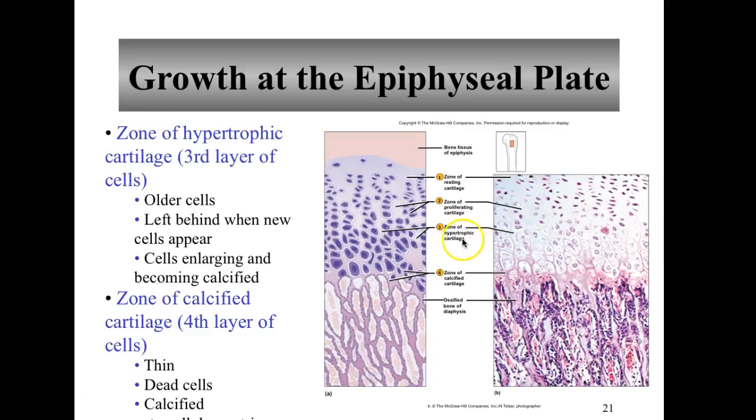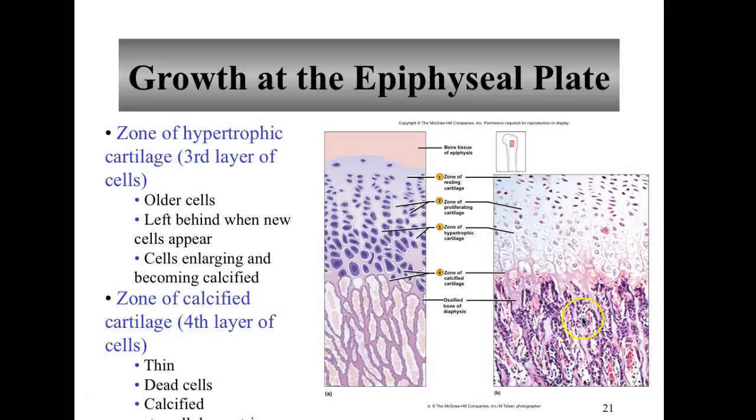So the zone of hypertrophic cartilage has very large chondrocytes arranged in rows or columns. And basically, what's going to happen here is these are going to be maturing chondrocytes. So you have maturing cells here, older cells left behind when new cells appear, and the cells are enlarging basically as they are becoming calcified.